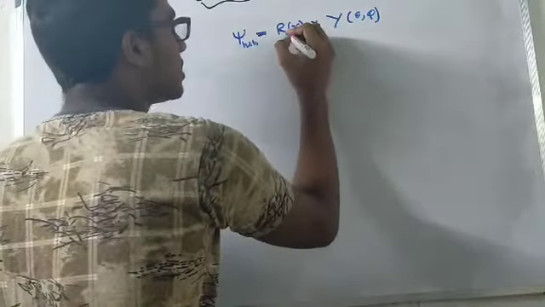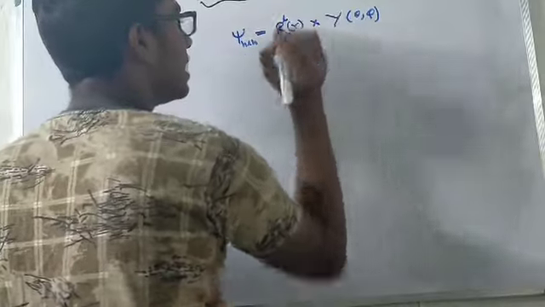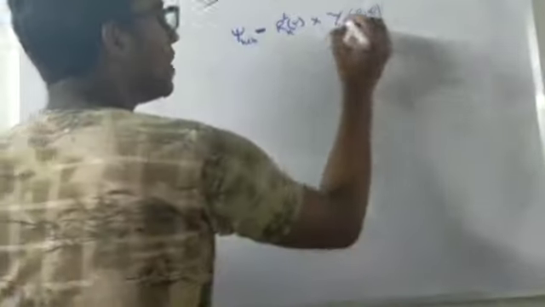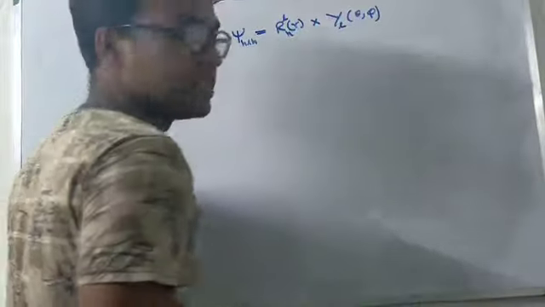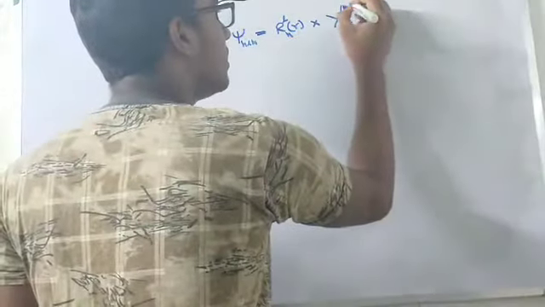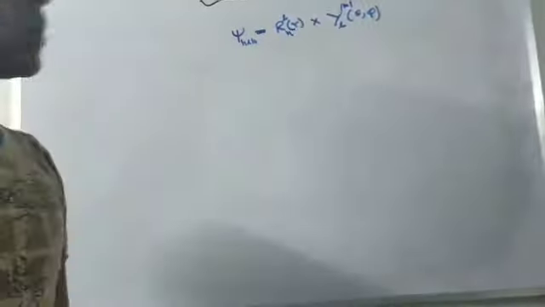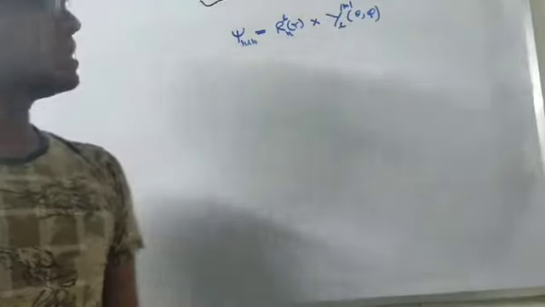This radial wave function depends on the principal quantum number and azimuthal quantum number, and this angular wave function depends on the azimuthal quantum number and magnetic quantum number. Okay, we all have learned this.